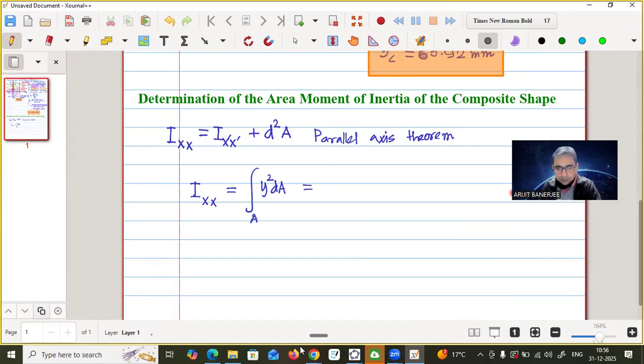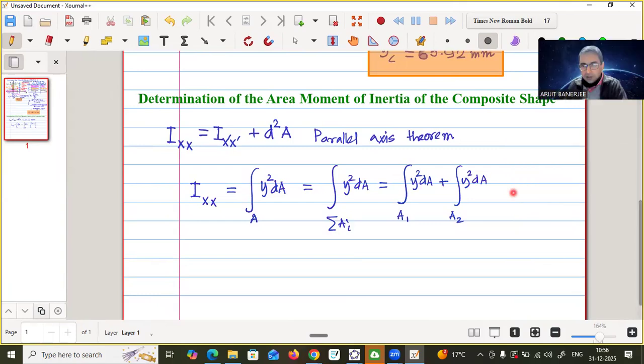Basically, this area is nothing but the summation of the integral of y square dA. Now you see that this can be written as, for A1, y square dA, plus A2, y square dA, plus A3, y square dA.